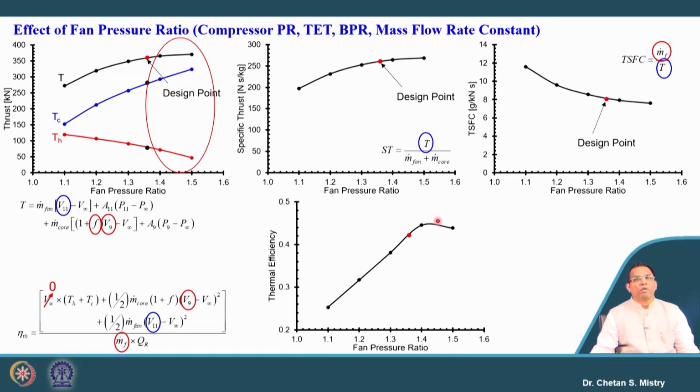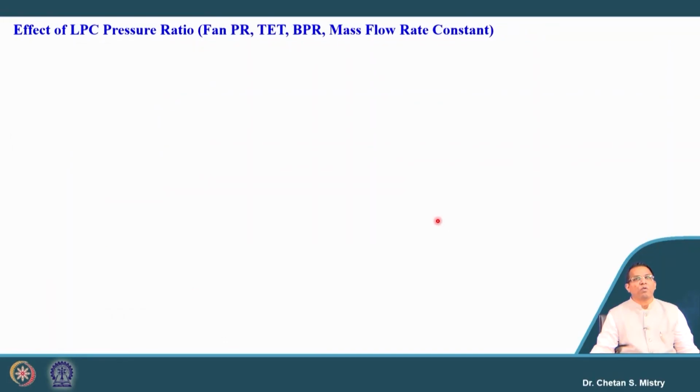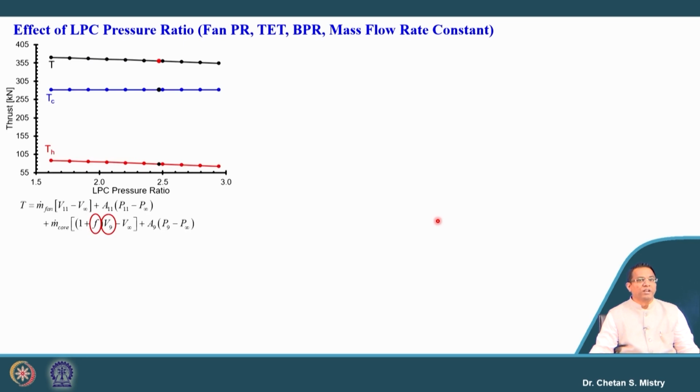Now, let us take the next parameter. We keep the fan pressure ratio constant, and I vary the LP compressor pressure ratio. Under that configuration, by changing the LP compressor pressure ratio, the cold thrust will not change, but the hot thrust will reduce. In an overall sense, the total or net thrust will reduce with the increase of LP compressor pressure ratio.